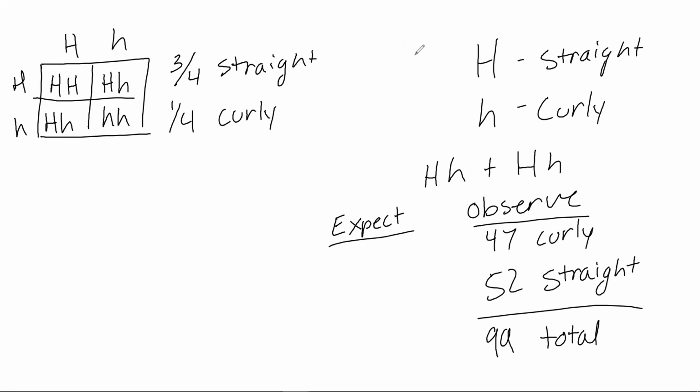So that's 3/4 times 99, which gives me 74.25 for straight. And remember, I don't round this part, I only round at the end.